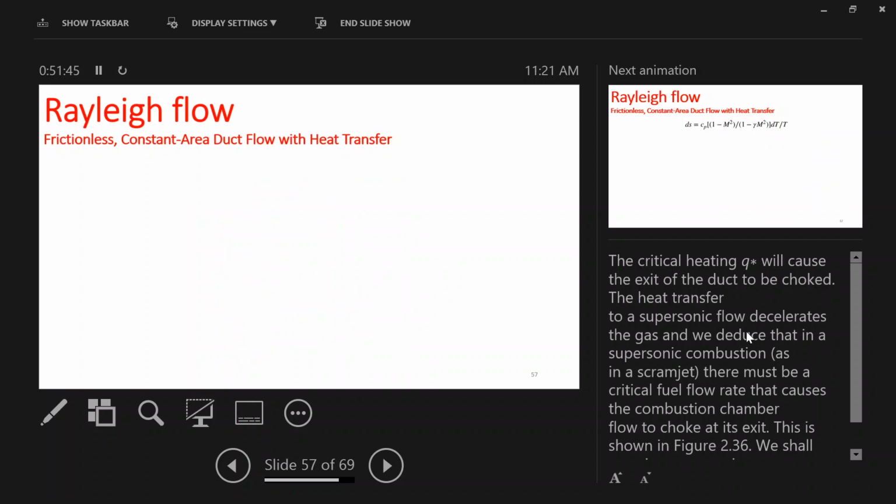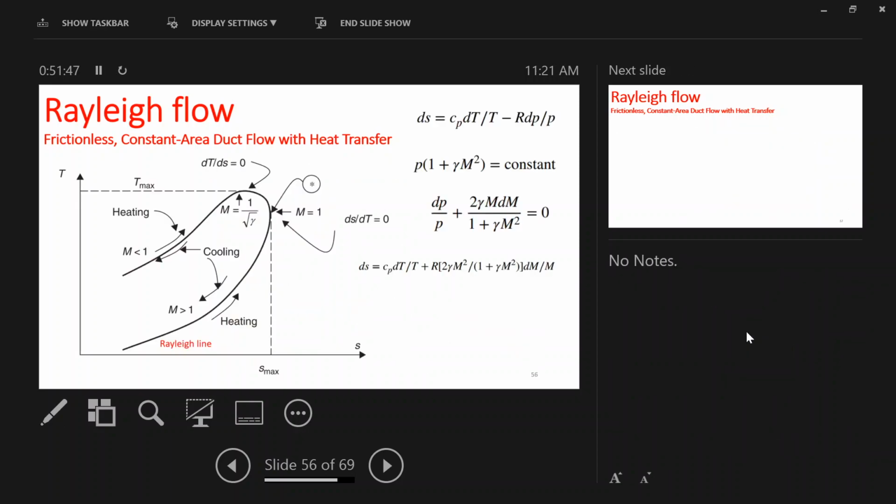Let's go back to that plot. Let's say we have moved with M smaller than 1, okay, and we have reached the sonic condition. What's going to happen?